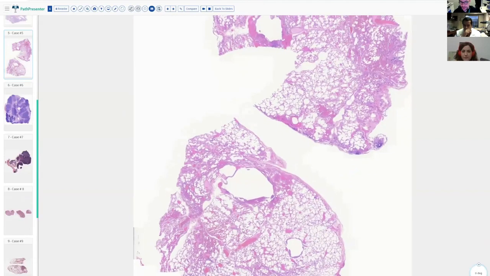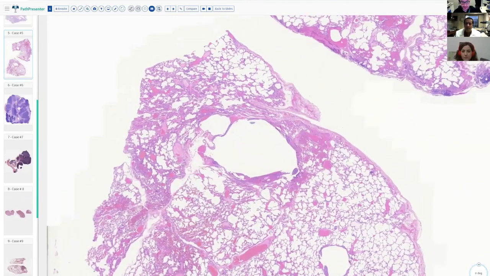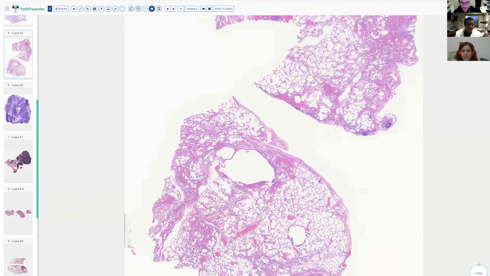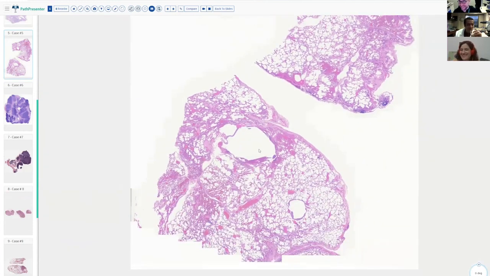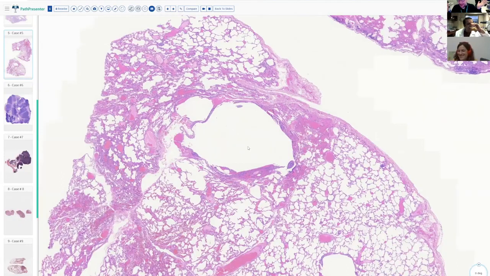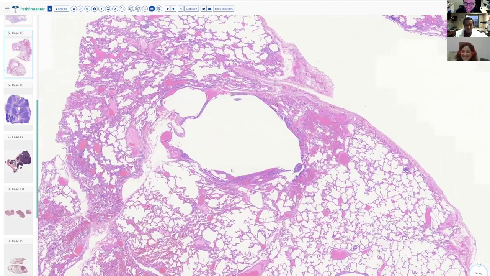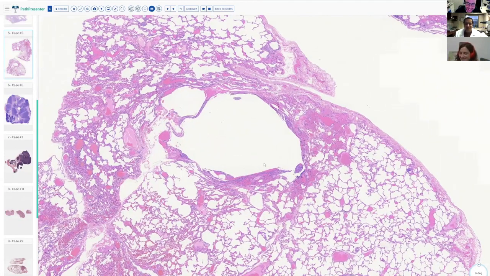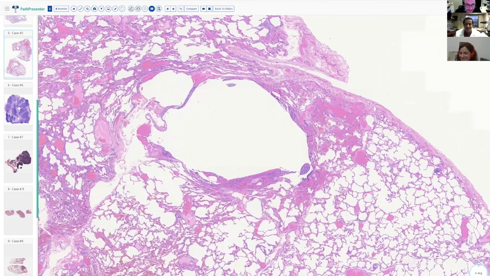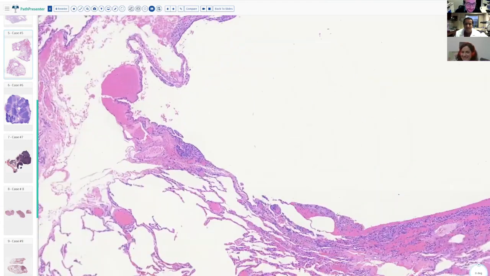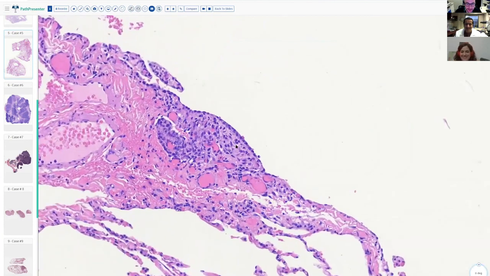So this one is a young female that presented with a pneumothorax. And is that a cyst? I don't know, maybe. So there's this area here that may or may not be a cyst. And then we should always look at the wall.